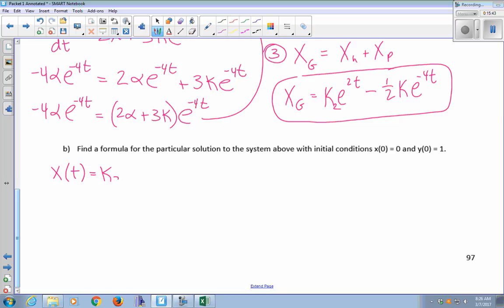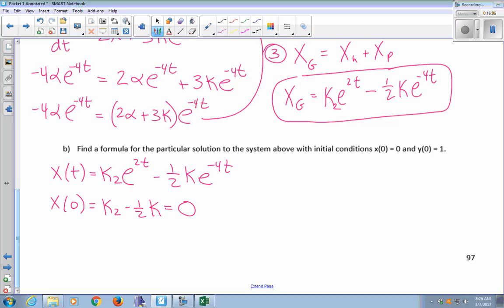That's k2 e to the 2t minus 1/2 k e to the negative 4t. Okay, so it told me that x of 0, when I plug 0 in here, I should get k2 minus 1/2 k, and that's supposed to be 0. So that's only one equation. I still have two unknowns, so I can't solve it yet.